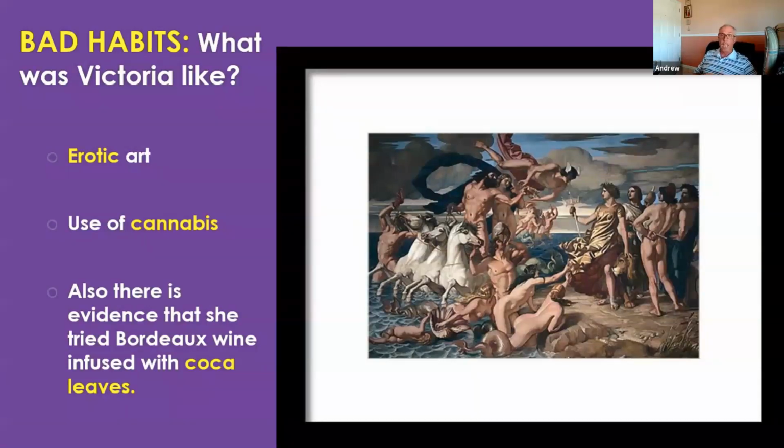People like George Eliot were using it, Charles Dickens and Bronte. It wasn't regulated, and I'm not sure that they fully understood its addictive nature, but there you go, it was there. Next slide, please.